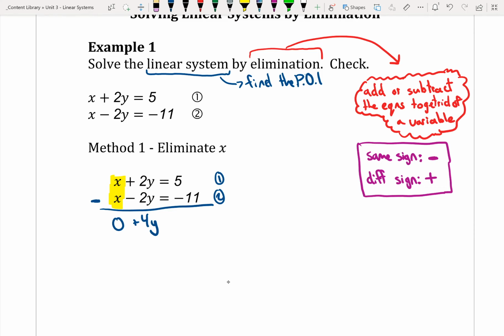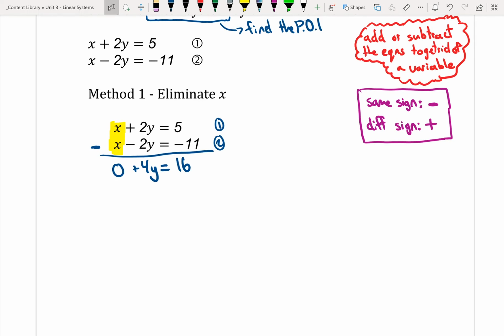You have to go from the inside, from the term, to the outside for the operation, back to the inside for what the term is. Equal sign stays lined up, and then it's 5 minus negative 11, so this becomes 16. The 0 can just disappear, so we're at 4y equals 16.